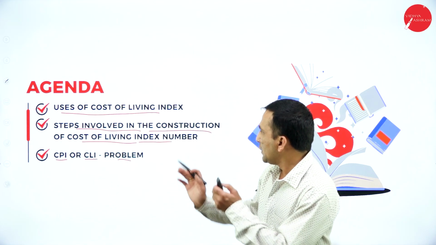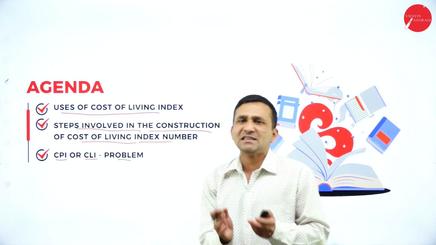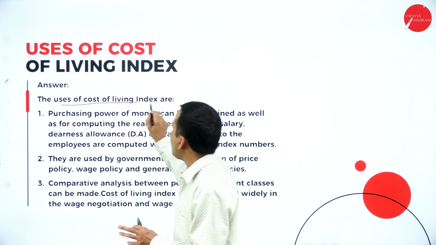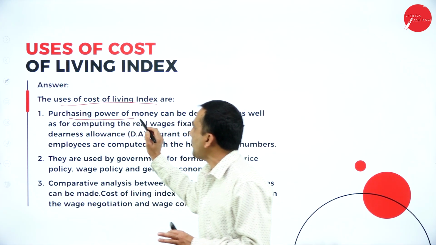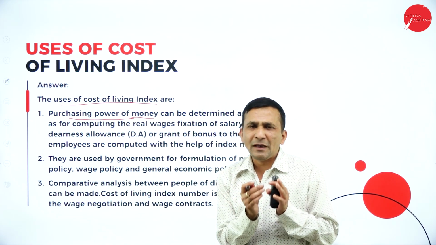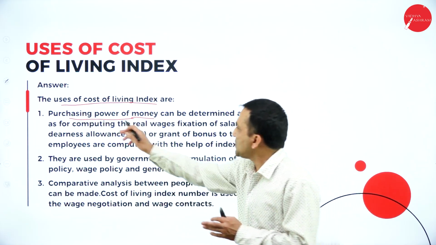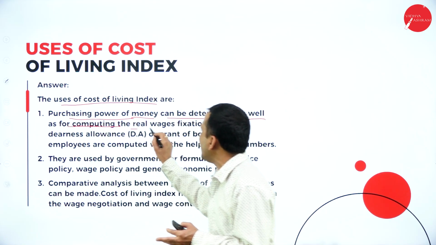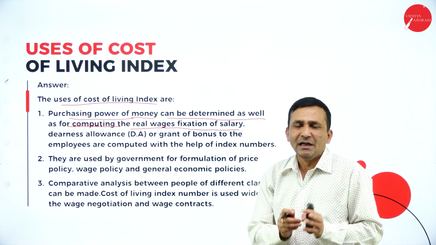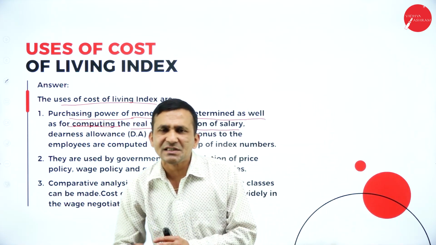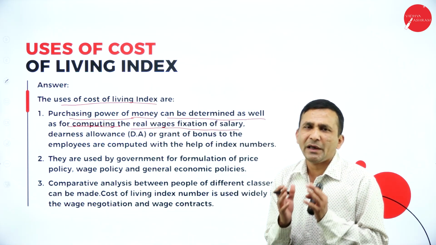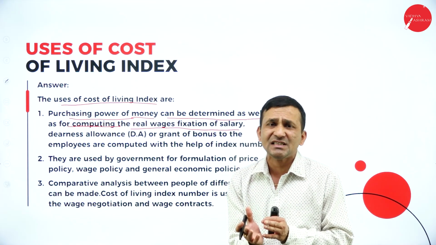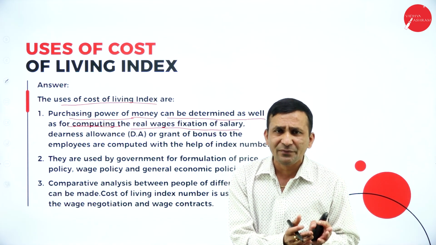Moving forward, where exactly are we using the cost of living index? The use of cost of living index: the purchasing power of money can be determined, as well as computing the real wages and fixation of salary. Either the government or private sector, when they are fixing a salary, they want to fix a salary allowance which is related to the cost of living.